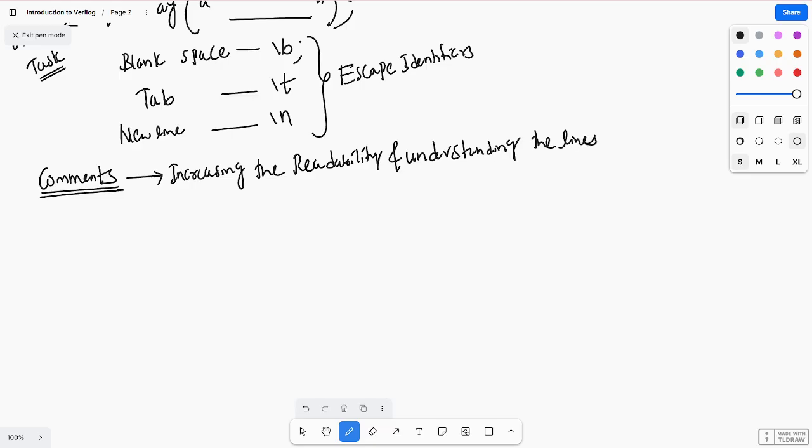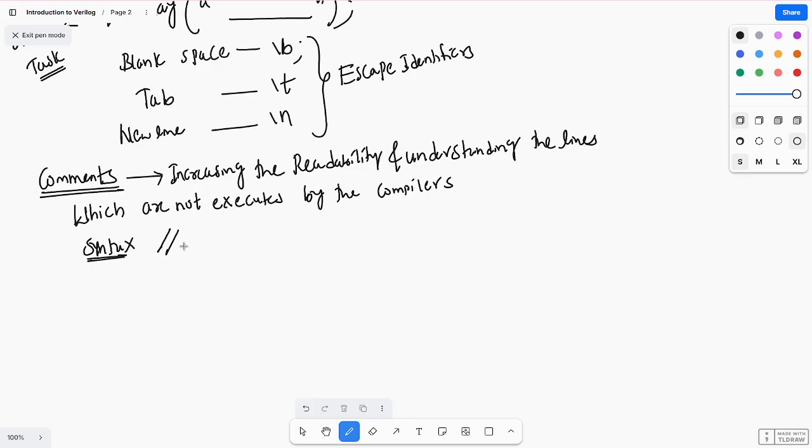Comments are not executed by the compiler. The compiler will understand that it is a comment and skip it. The syntax for a single line comment is a double forward slash.